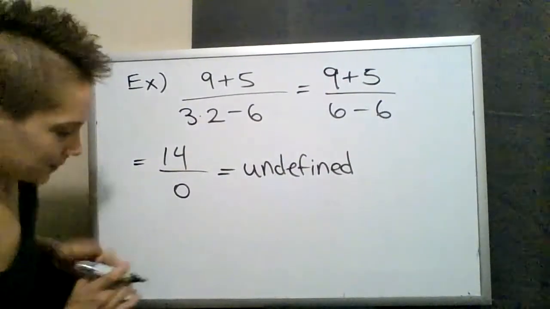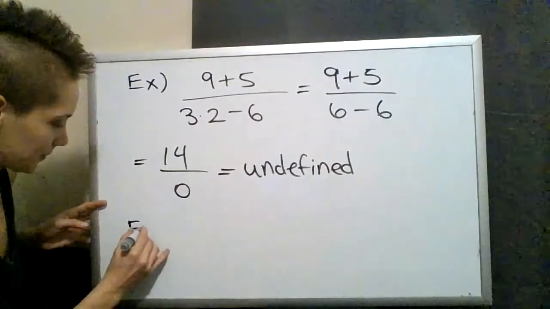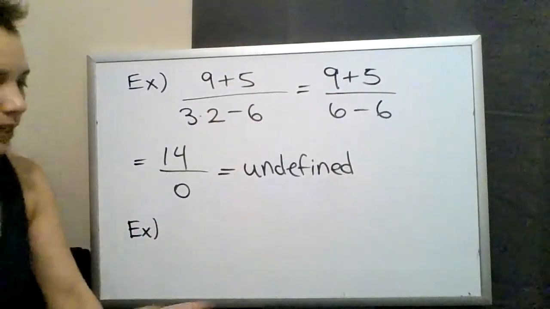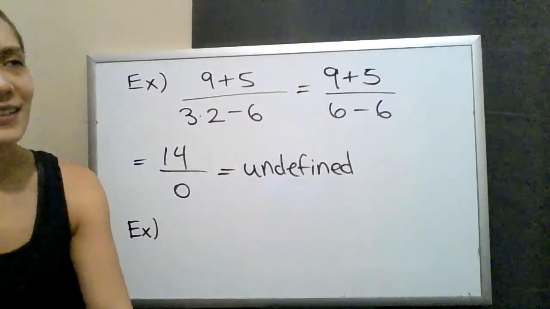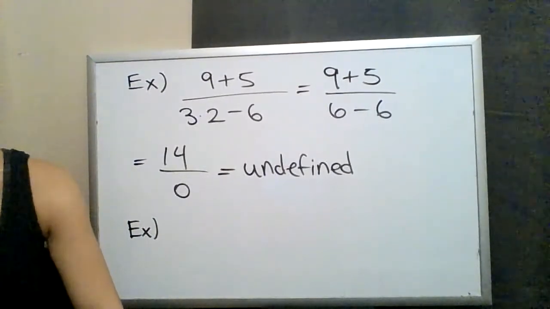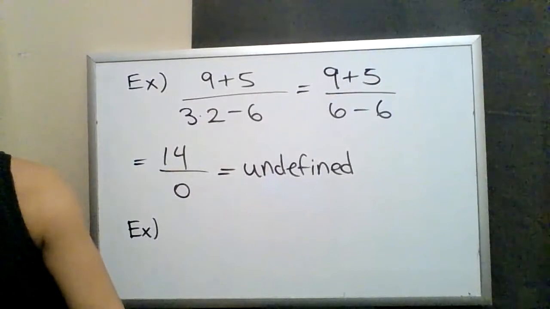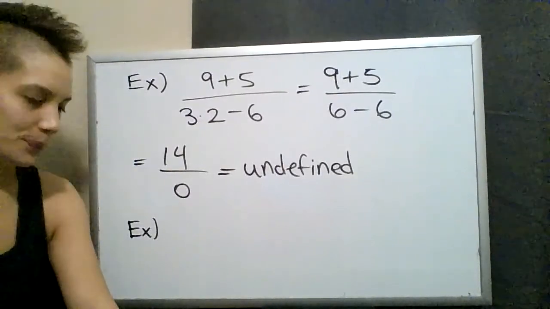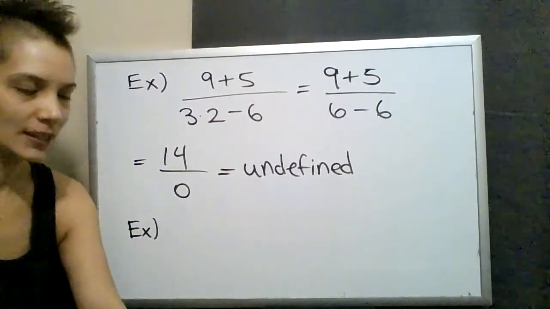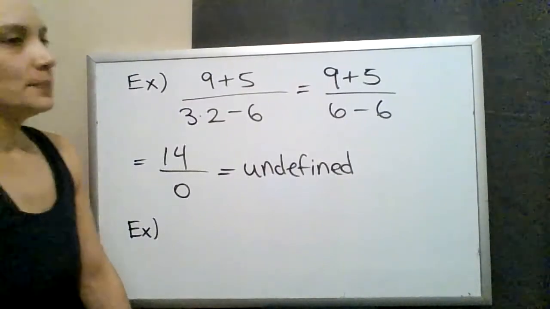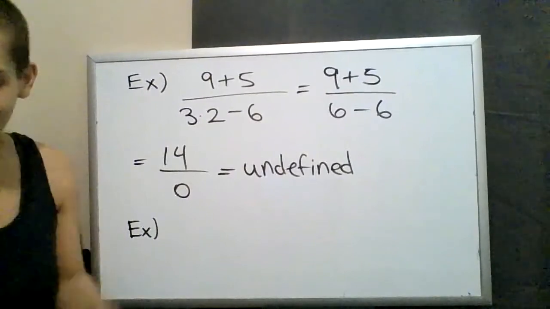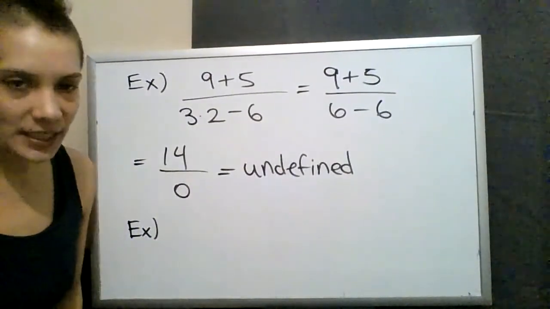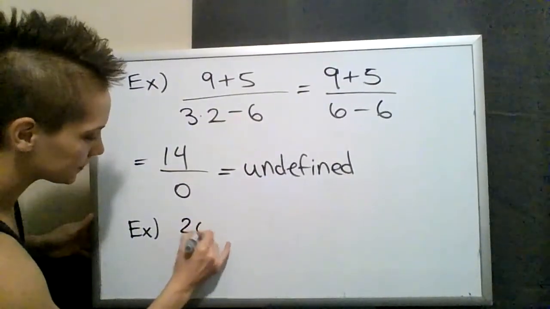Let's try. Okay, so 20 minus 4 times 5 is in the numerator.